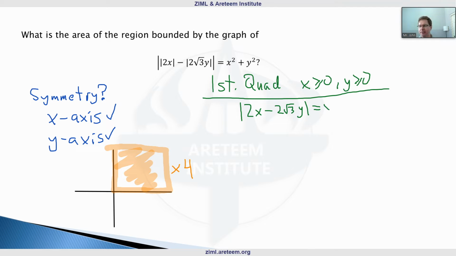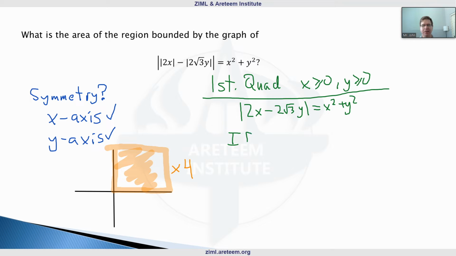And then this is equal to x squared plus y squared. So we still have an absolute value, meaning we still have to do a couple of cases. This is our 2x minus 2 root 3 y, and of course, that's just a plus or minus for the two cases. But let's do the first case in more detail.